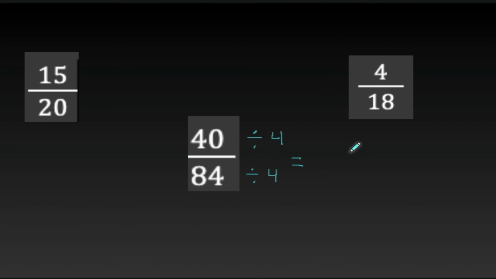That leaves us with 40 divided by 4, which is equal to 10. And then 84 divided by 4 is equal to 21. I simply said 4 goes into 8 twice, and 4 goes into 4 once, giving us 10 over 21.